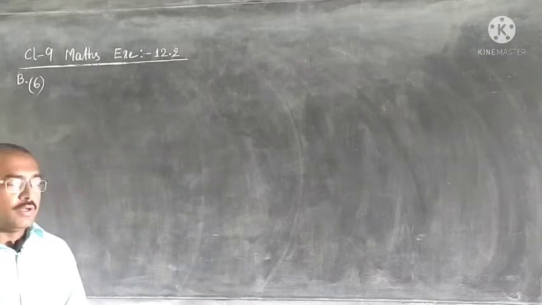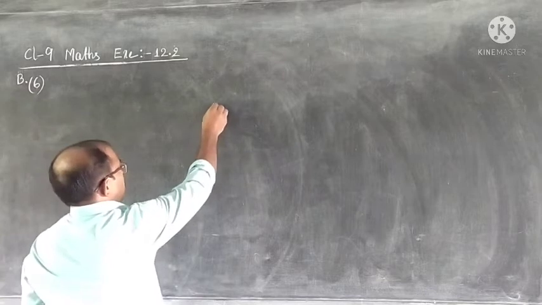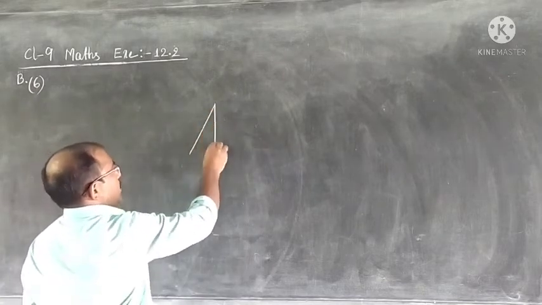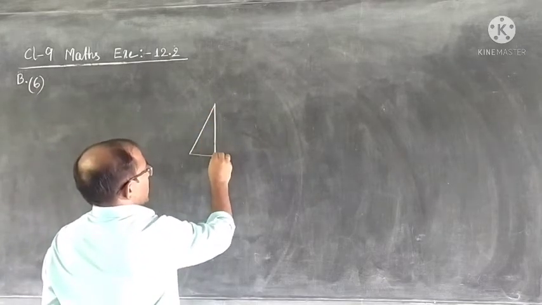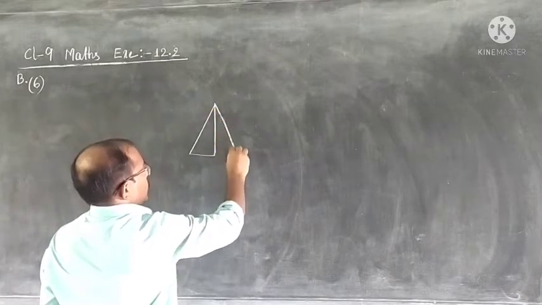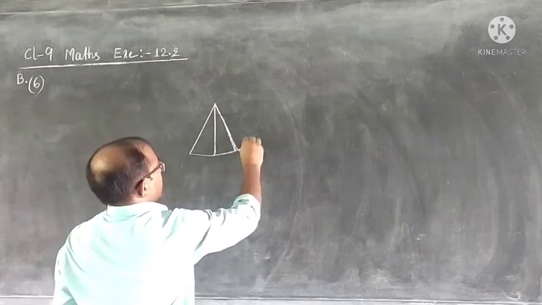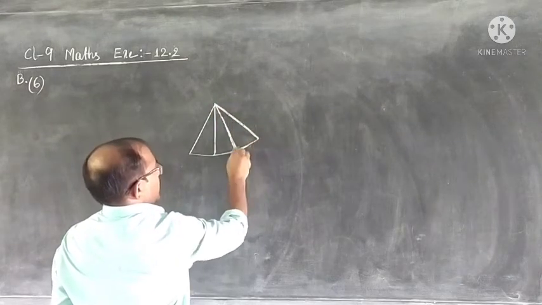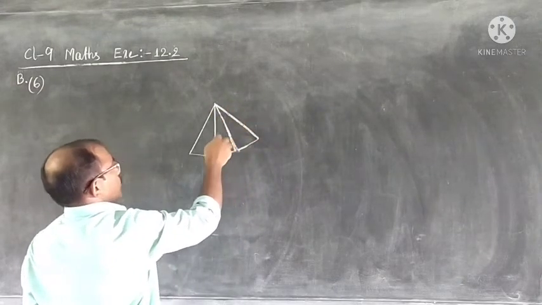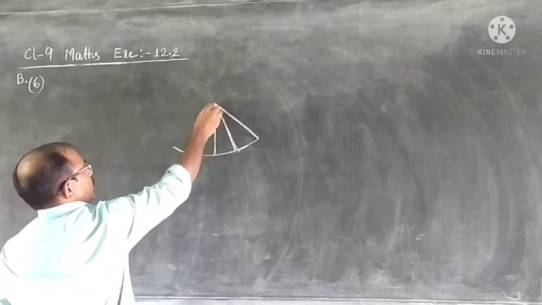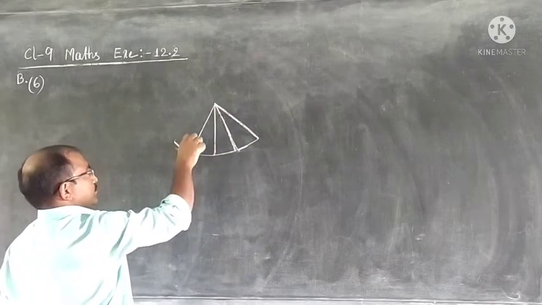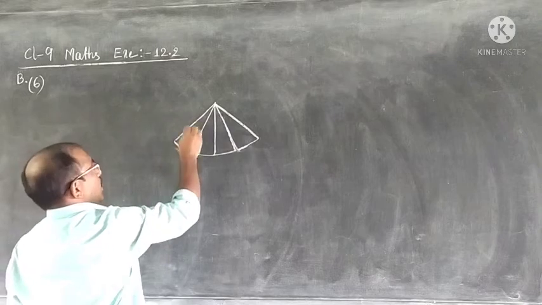How much cloth of each color is required for the umbrella? That is the question. The diagram actually need not be drawn if we can understand, but I just want to show you in order to make your concept clear. This way it is 1, 2, 3, suppose one more 4 and then one more 5.